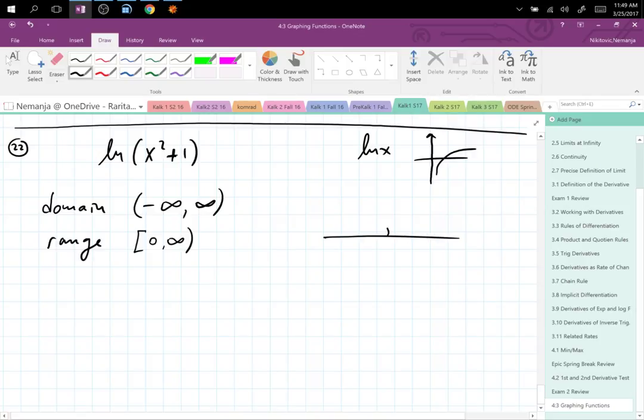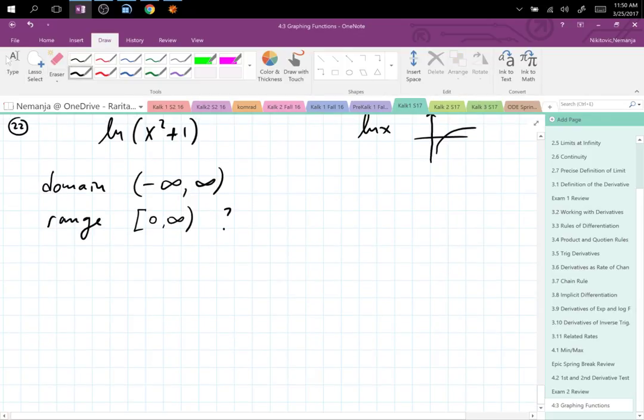Because I believe that this graph is going to look like this. I think that's how the graph is going to look like. And that's a 0 right there. That's how I think a graph looks like without doing it. But let's do it. So I'm going to put the question mark there.